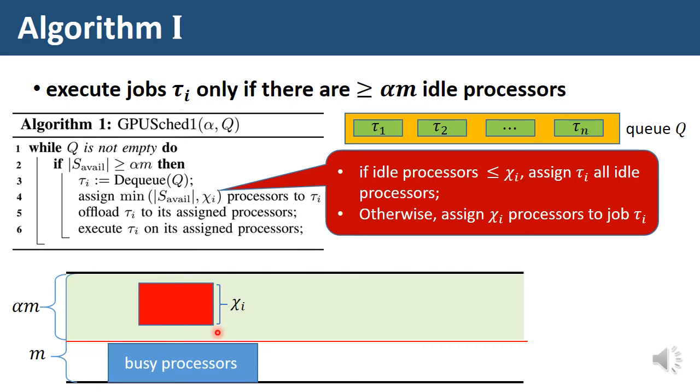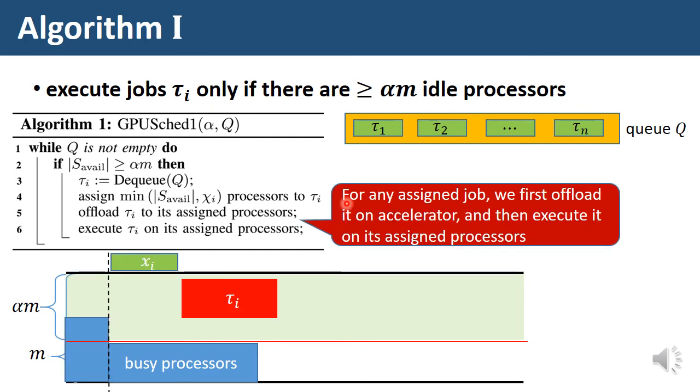Otherwise, there are more than cutoff i idle processors, and in this case, we assign cutoff i processors to job tau i.